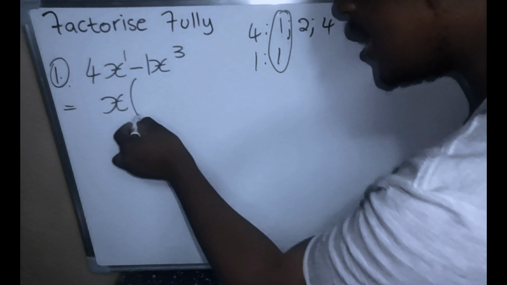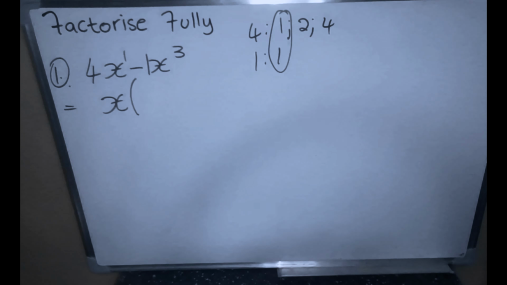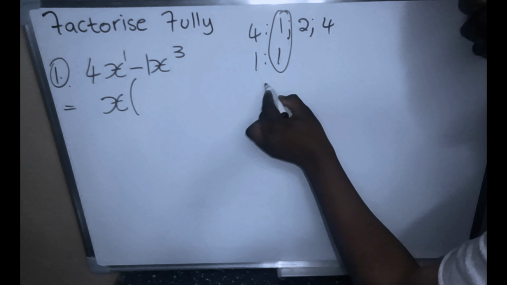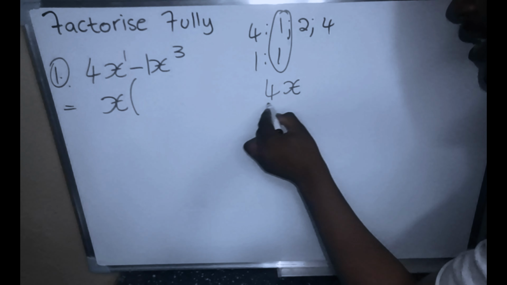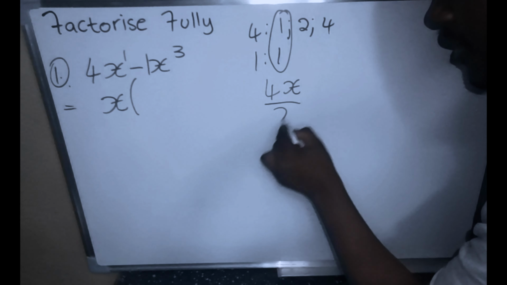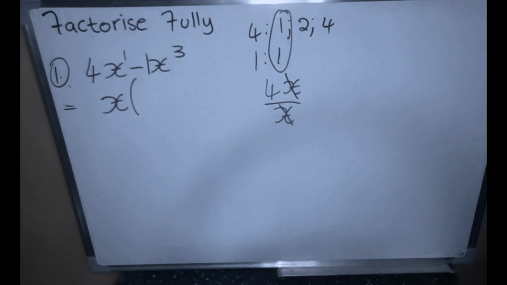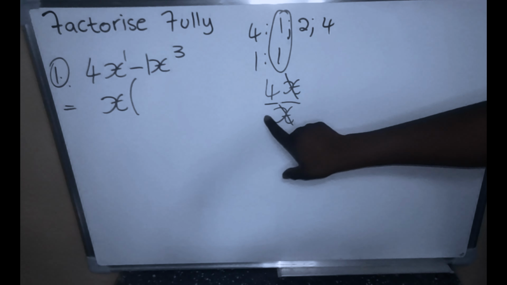Now, for you to find the factors that will sit next to the brackets here, you ought to say 4x divided by my common factor, which is x. When you divide the two, x divided by x is 1. Therefore, I'm left with 4. 4 divided by 1 is 4.